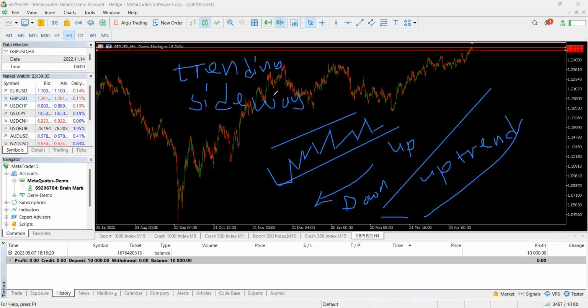If it is moving sideways, we can also say it is consolidating or ranging. We are going to look at the different meanings. Sometimes the market moves sideways with a slight uptrend. That means a consolidating uptrend.